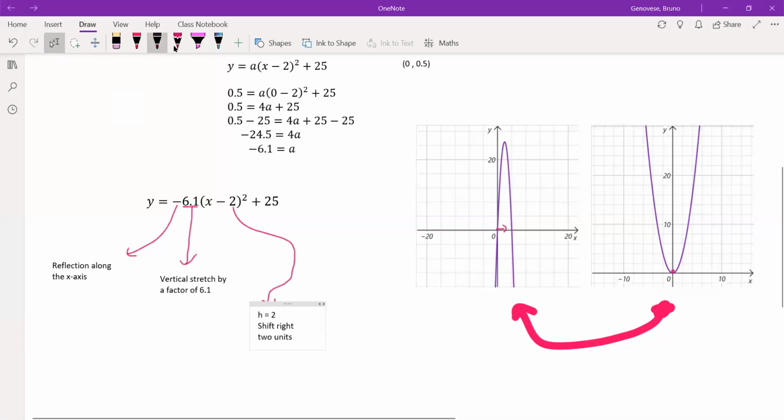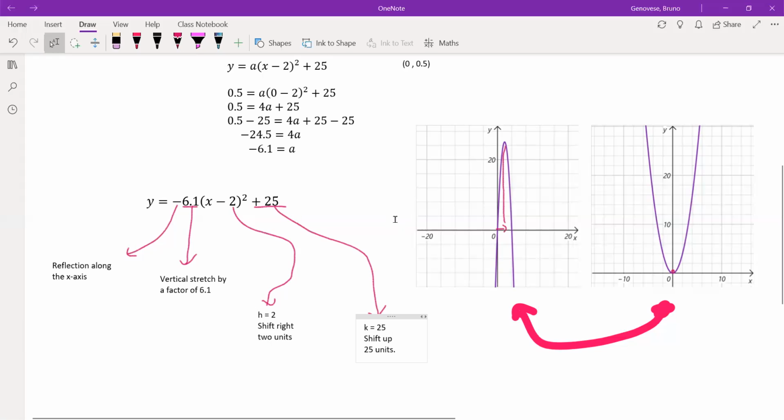And the last thing is clearly the vertex has gone all the way up here to a height of 25. We have the k value is 25, giving us a shift up 25 units.